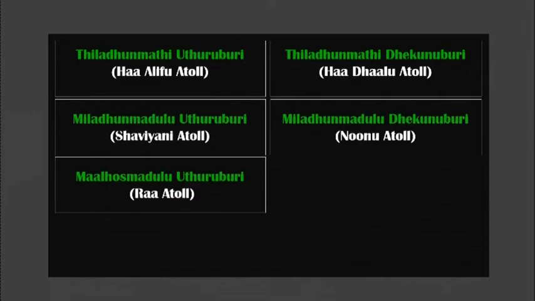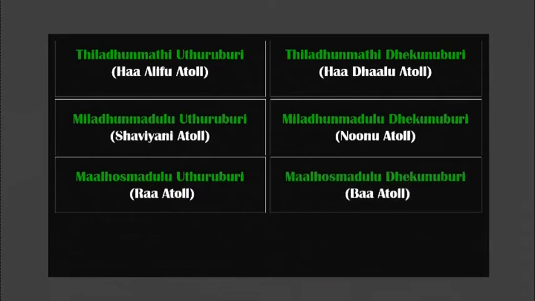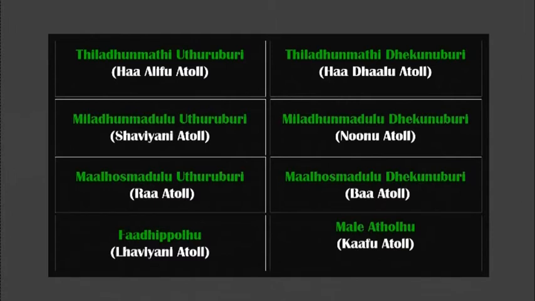And the official name of Ba Atoll is Malos Madulu Dekunuburi. And the official name of Lavian Atoll is Fadippolu. And the official name of Kaf Atoll is Male Atolu.